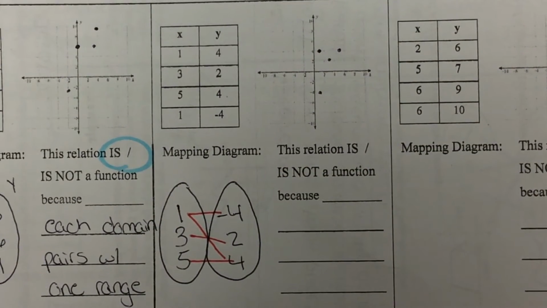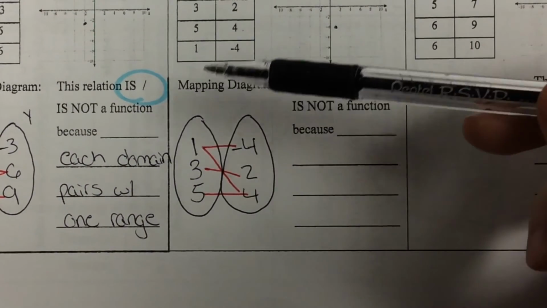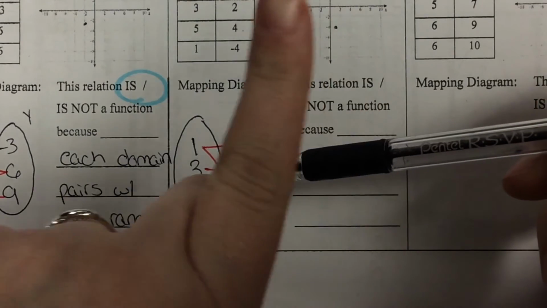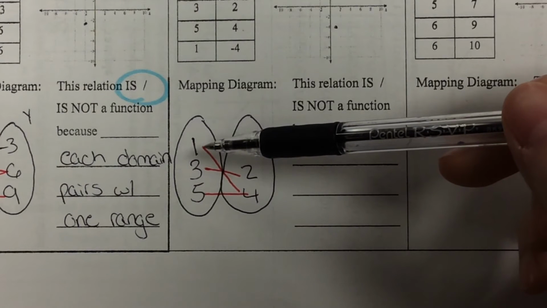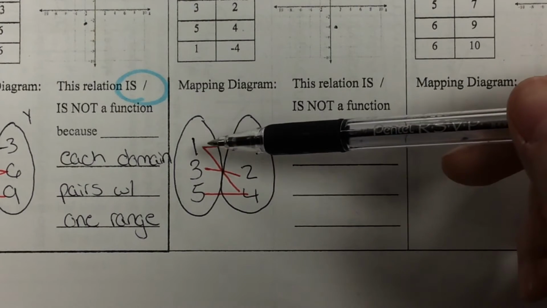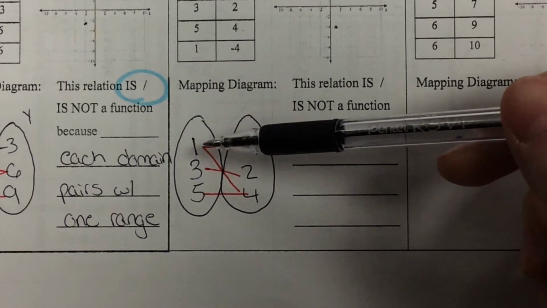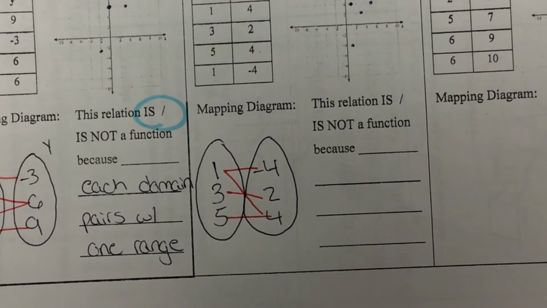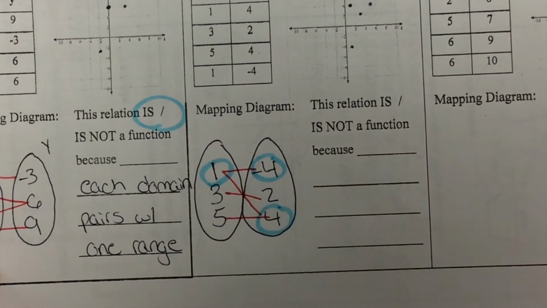Okay, let's see if this is a function or not. Remember, each domain value can pair with only one range value, okay? 1 right here pairs with -4 and +4. So here's a perfect example of what I mean by a value in our domain pairing with two values in the range.